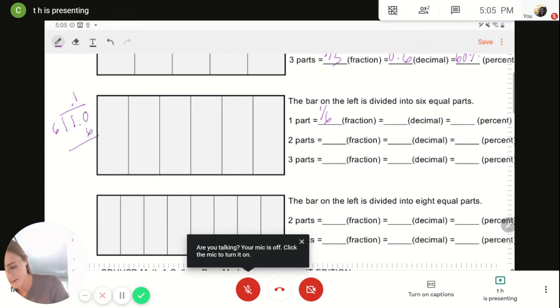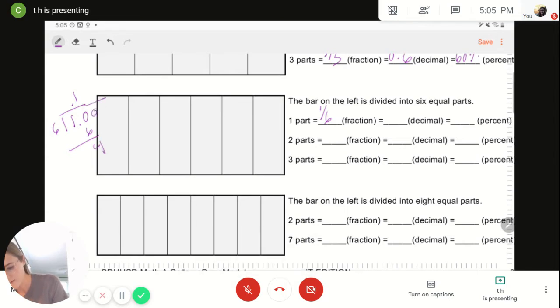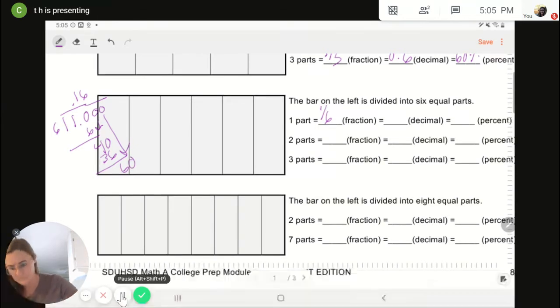10 minus 6 is 4. And then I would need to make another 0, bring it down. So now I have 6 goes into 40. 6 times, I know 6 times 6 is 36. 40 minus 36 is 4.